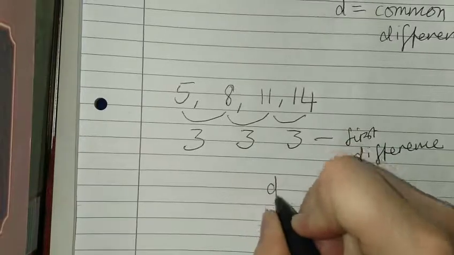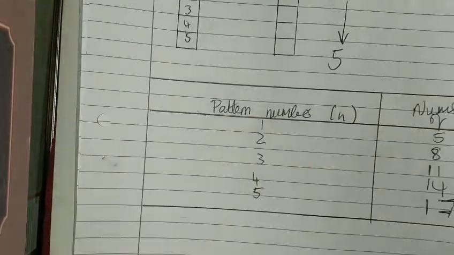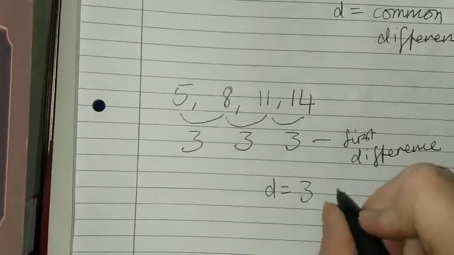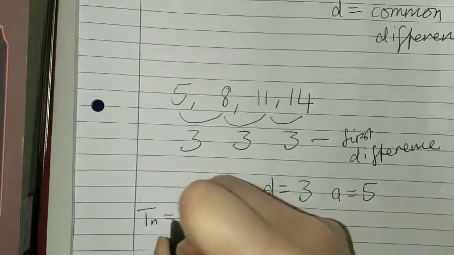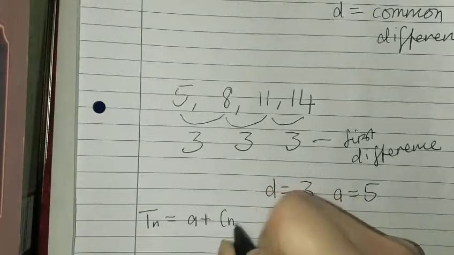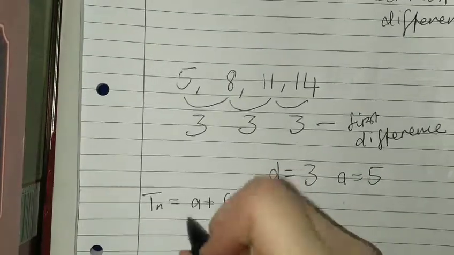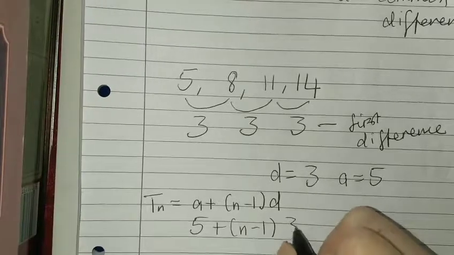So D is my common difference, so that's 3. And then A is the number of tiles in the first pattern, so it's going to be 5. So A is equal to 5. I'm just going to write down my formula again: A plus n minus 1 D. So I'm going to sub in A is 5 and D is 3. So 5 plus n minus 1, 3.